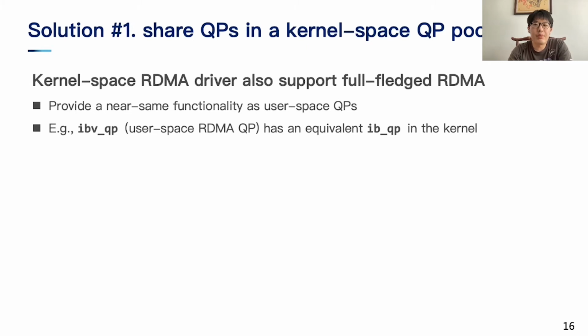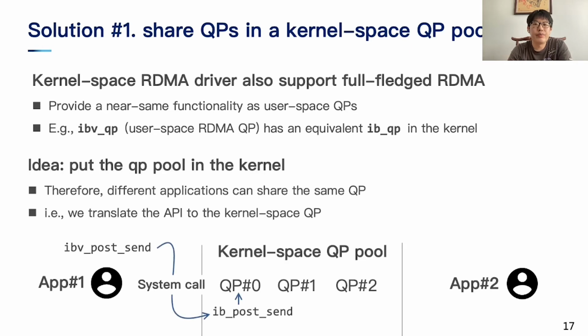Thus, we can shift the application's RDMA requests to the kernel space QPs. Based on this observation, the idea is to cache kernel space QPs and put them in a kernel space QP pool. Thus, applications can share and reuse these QPs since they share the same kernel. To allow the sharing, we will translate the user space RDMA requests to the underlying kernel space QP requests through system calls.